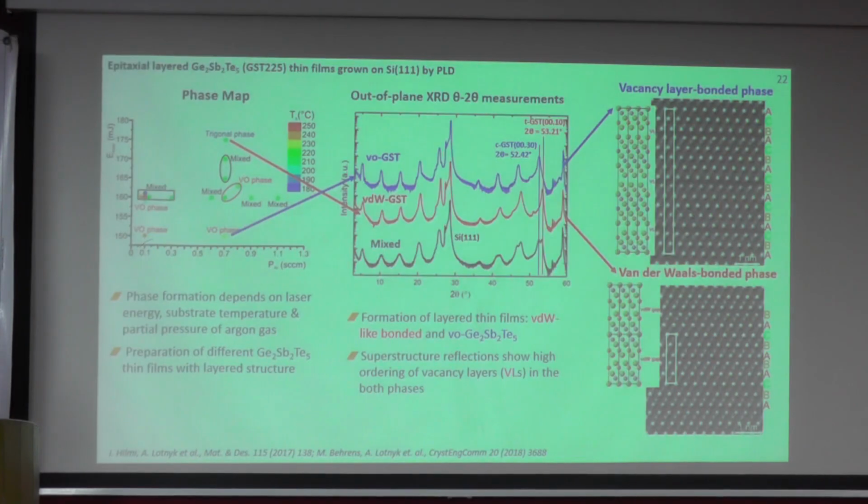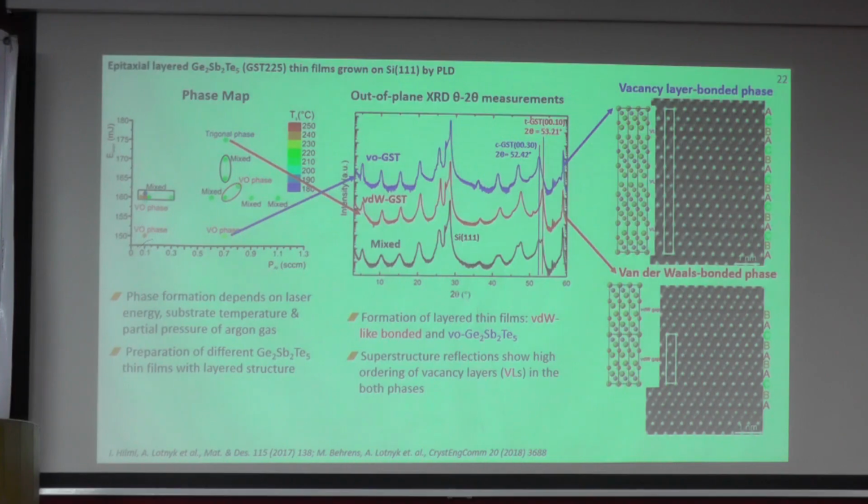So now let's look at how to produce these structures. As I said, one approach is to use thermal heating. You can start with an amorphous phase, heat up the thin film, and go through the different transitions.